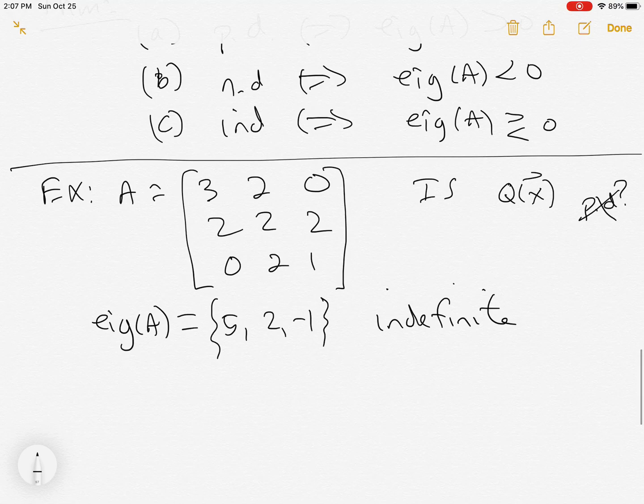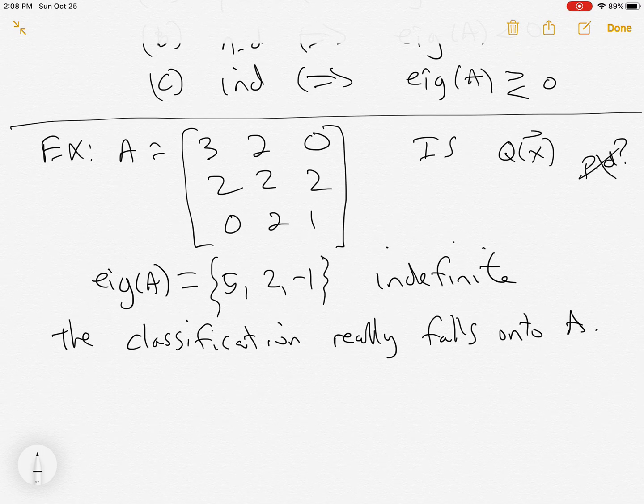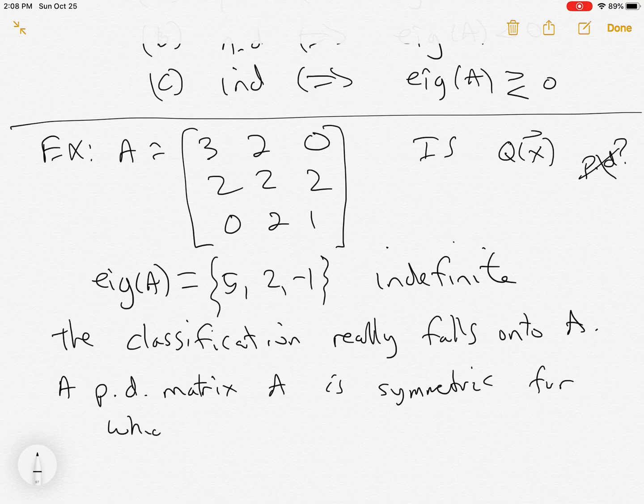And, okay, the classification really falls onto A. And so now we say a positive definite matrix A is symmetric for which Q of x is positive definite, right?